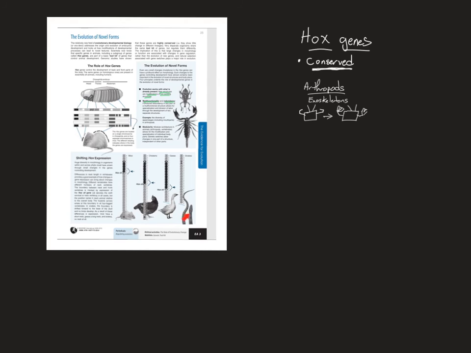And even though all these have the same structure, they all have vertebra, they can look very different. And they think that these differing Hox expressions are what allow vertebrates to develop into such a large variation of animals, from cows to chickens to ducks to mice to rats to humans to dogs to fish.